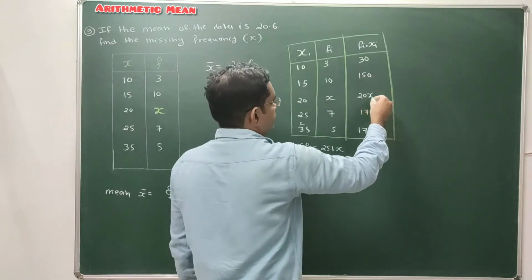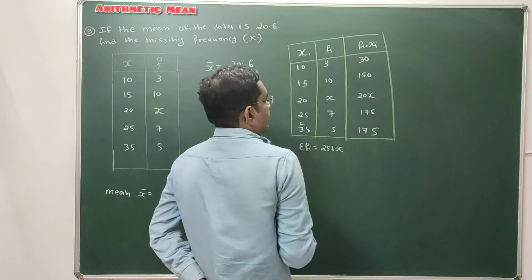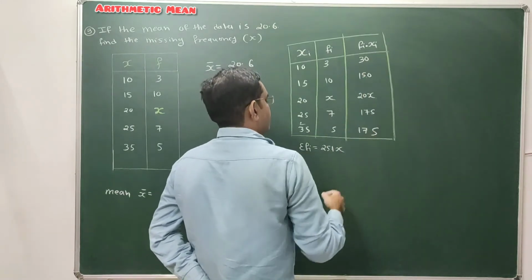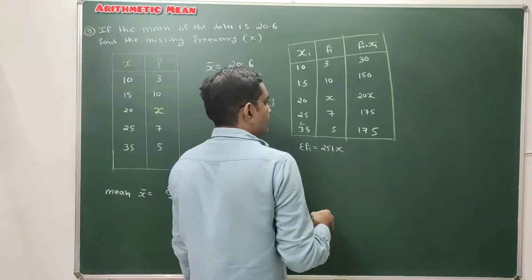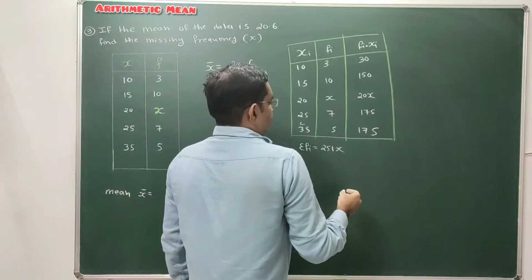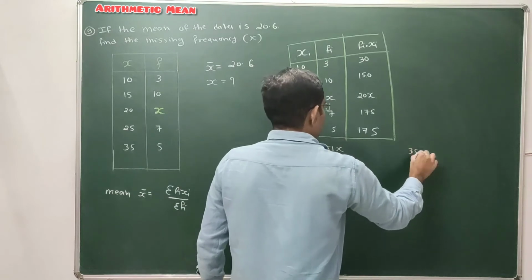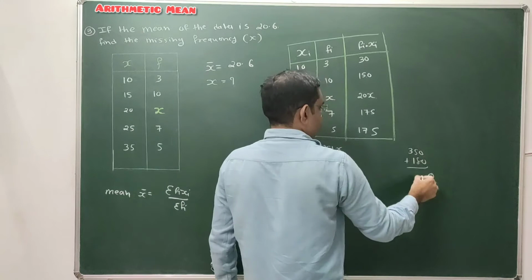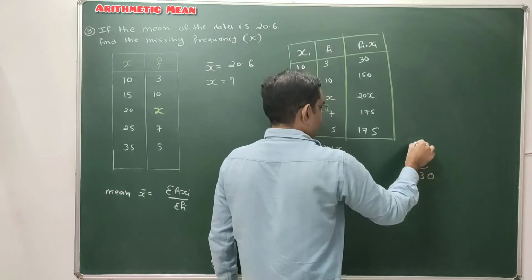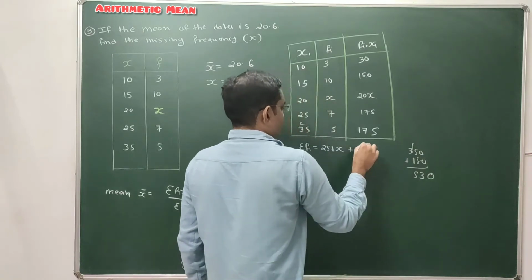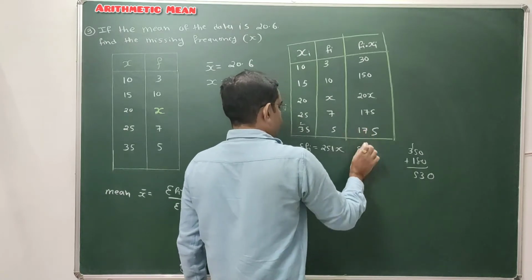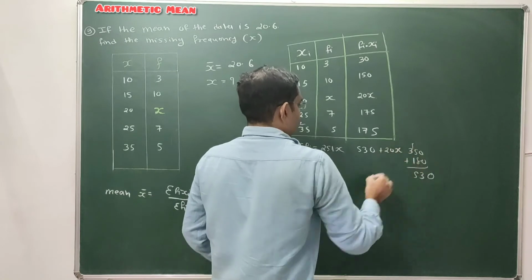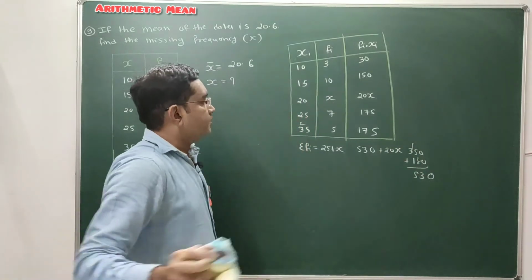Now this one: 150 plus 30, 180, plus 75, plus 175, 350. 350 plus 180 is 530. 530 plus 20x. Done. This is the value of sigma fi xi.